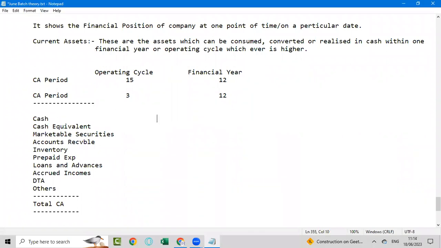So cash is what? Cash in hand and cash in bank.